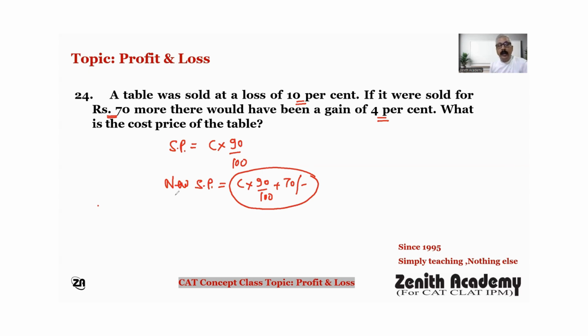If this new selling price with the given condition is giving you 4% profit, it simply suggests it is 104% of the cost. So what is the cost price? You can solve it and find it. So 104 by 100 minus 90 by 100, that is 14% of C is equal to 70.